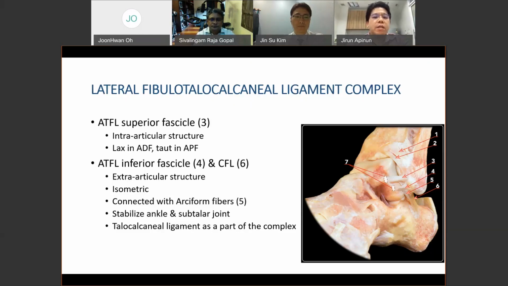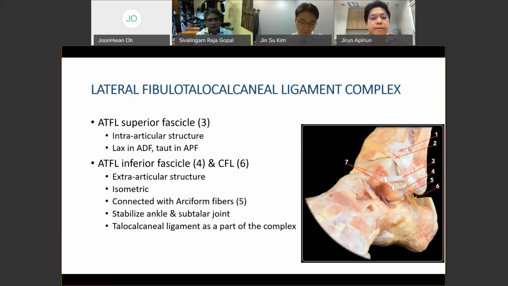The inferior fascicle of the ATFL and the CFL are both extra-articular structures connected together with the arciform fibers and isometric. These two ligaments work together to stabilize both the ankle and subtalar joint, and the talocalcaneal ligament is probably a part of this complex. The author termed the lateral ankle ligament the lateral fibulo-talocalcaneal ligament complex.